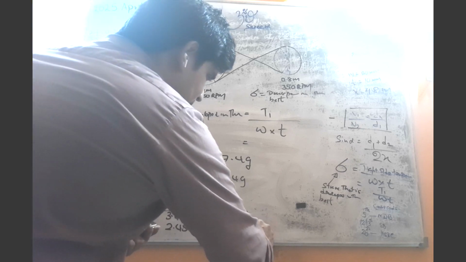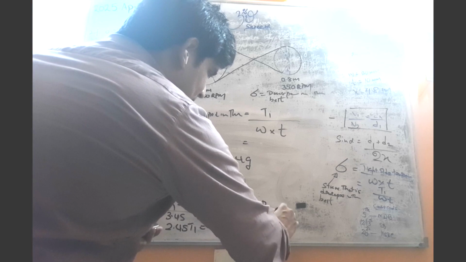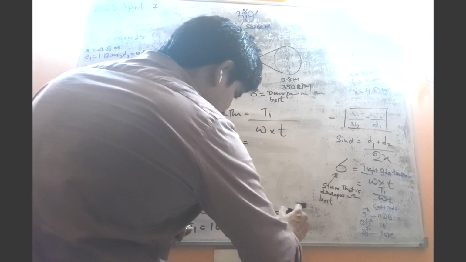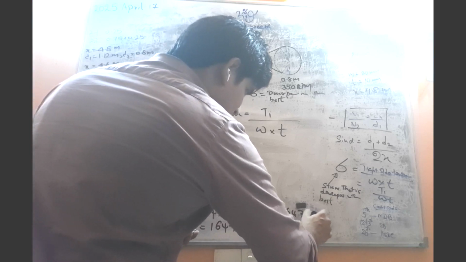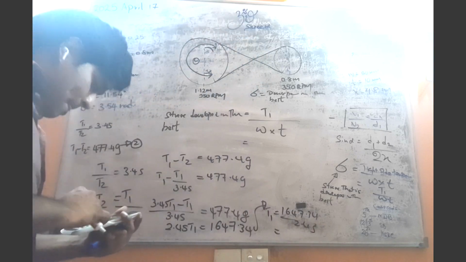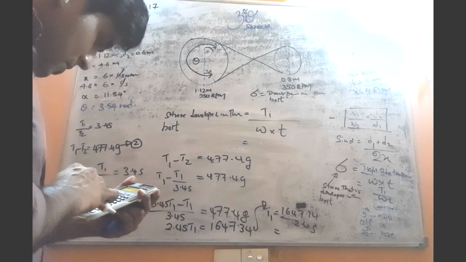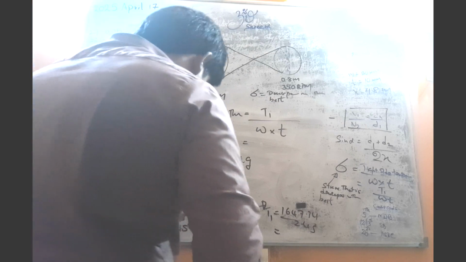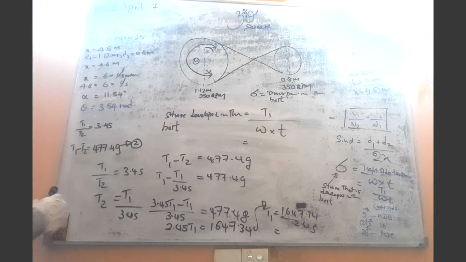So T1 will be 1647.34 divided by 2.45, which is 672.38.